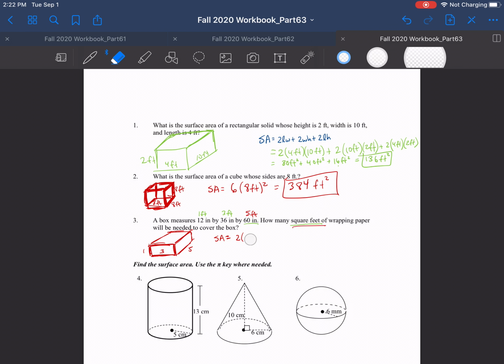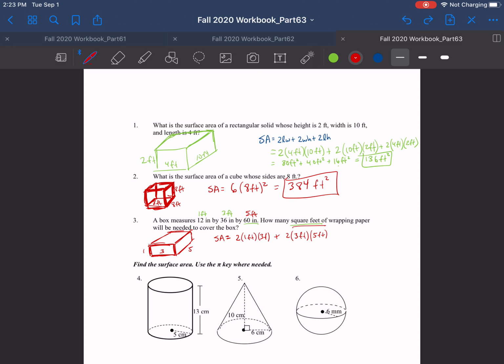I should have put feet on those. And then the next pair of faces we can do would be 2 times 3 feet by 5 feet. That's this one over here, and then this one back over there.